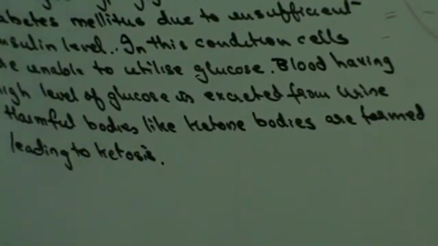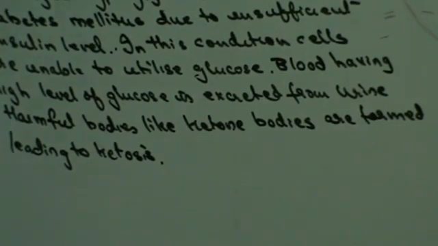Right? Now, that means how do I treat this? Diabetes can therefore be treated by any drug that is hypoglycemic. So any hypoglycemic drug which would help in utilization of glucose in the blood would treat diabetes.